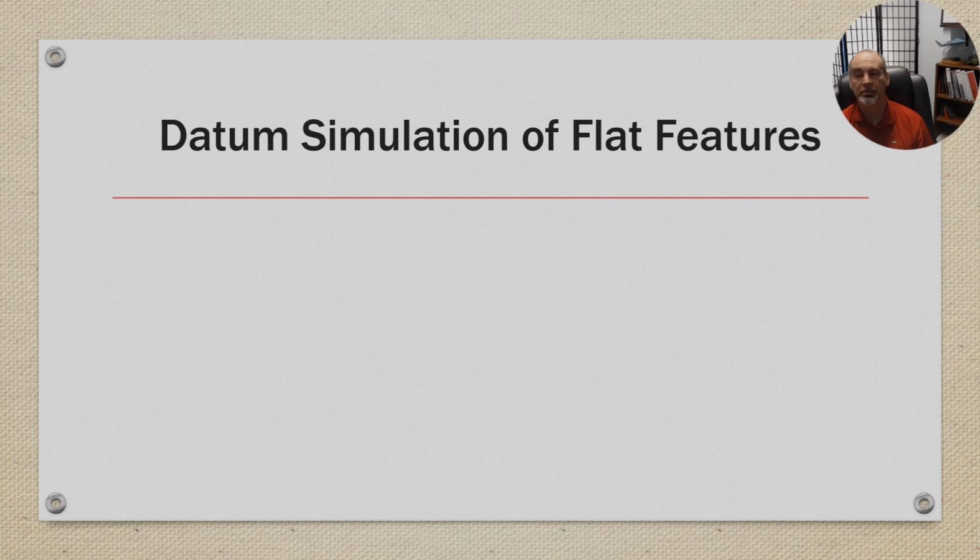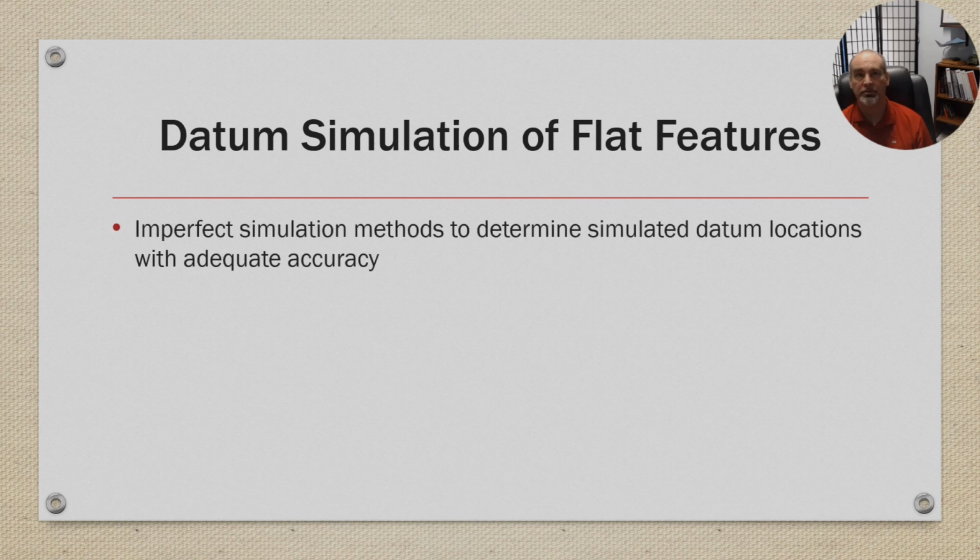Okay, datum simulation of flat features. So if you have an imperfect simulation method to determine simulated datums and locations with adequate accuracy for the setup. Okay, so you're saying, okay, I'm now using a granite surface plate that's ground to a different tolerance, so it's not going to be as accurate as the actual plate, but it's within the tolerances of what I'm working to.